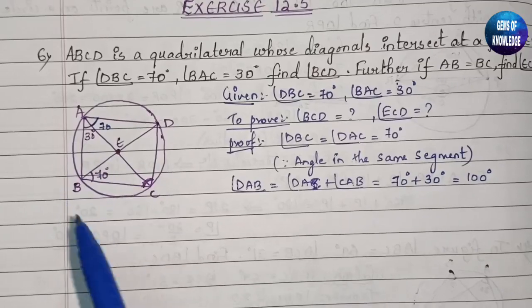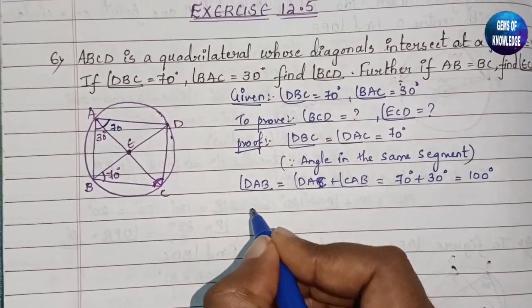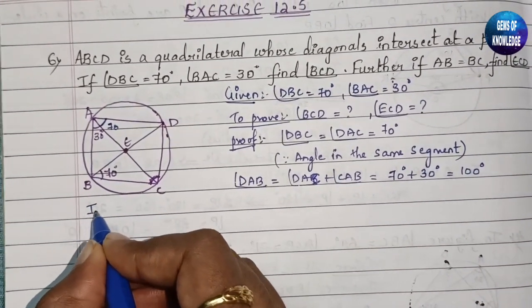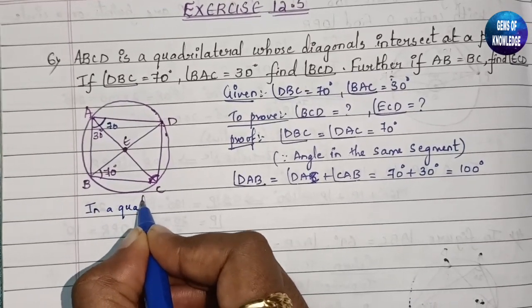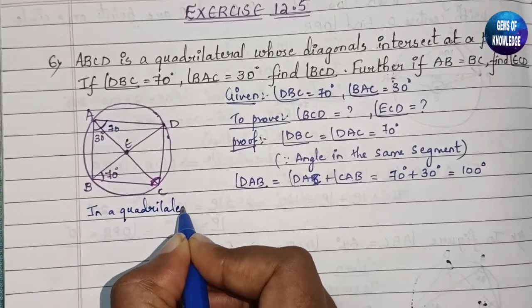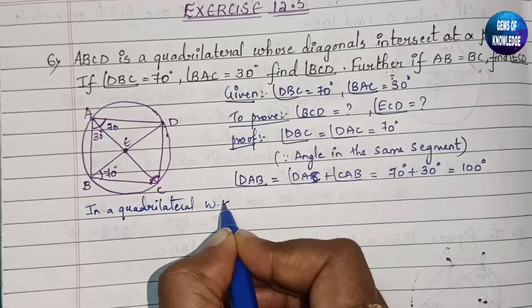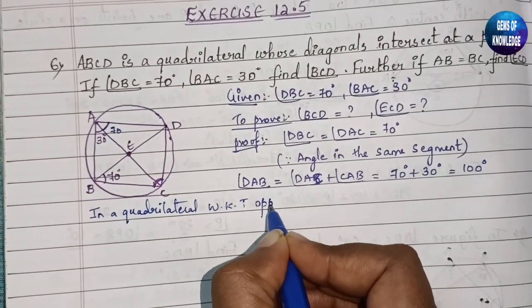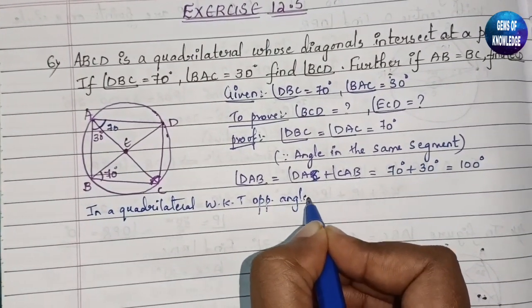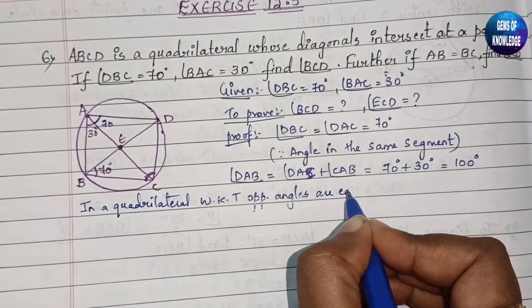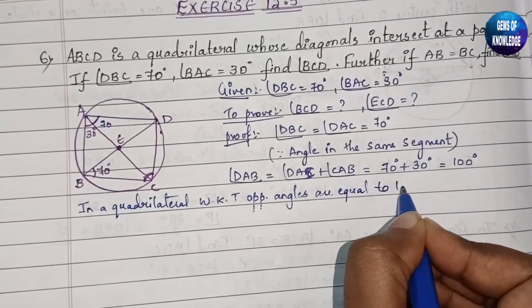Now we know that ABCD is a quadrilateral. In a quadrilateral, we know that opposite angles add up to 180 degrees.